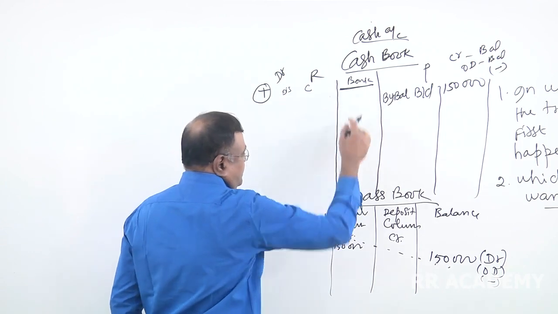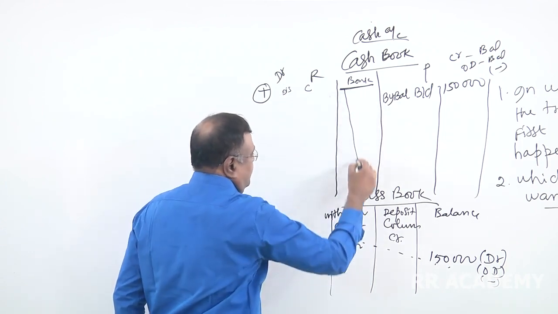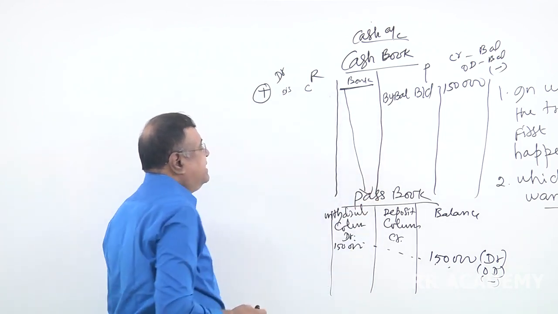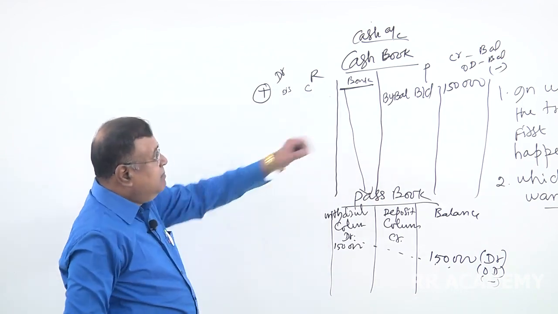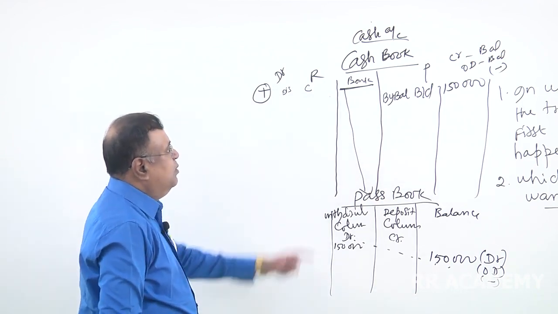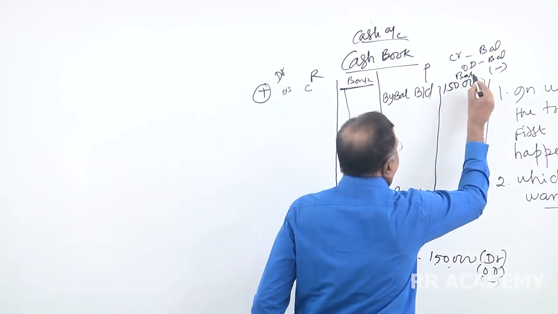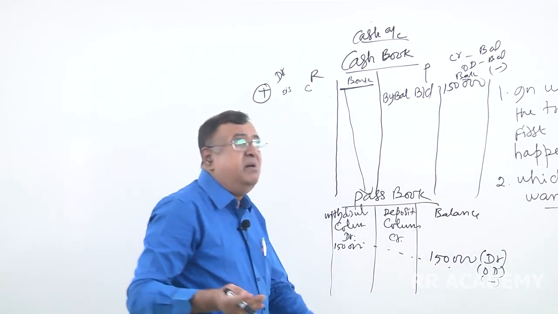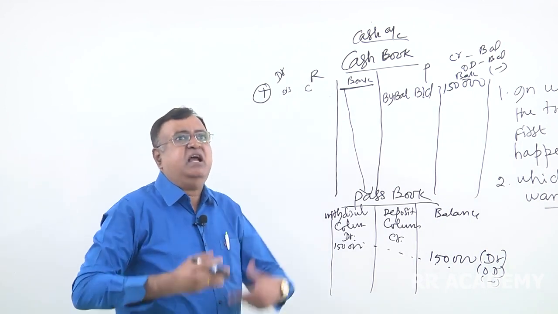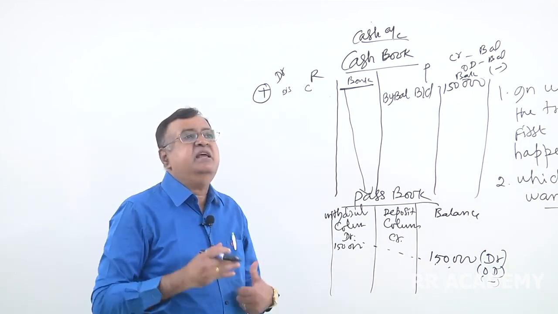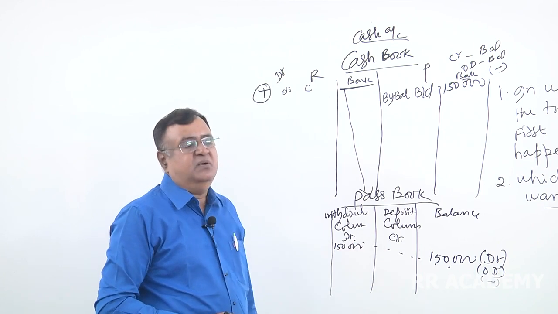So bank column with passbook we reconcile. Balance brought down 1,50,000, bank column. That means bank money is with us. We have to pay. Bank money is with us, 1,50,000.